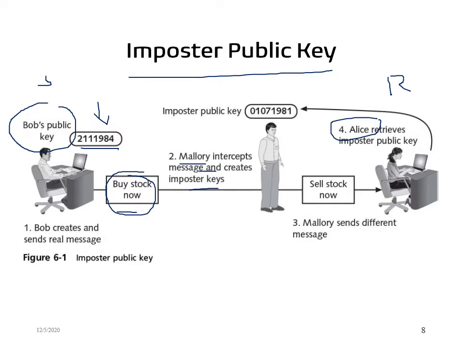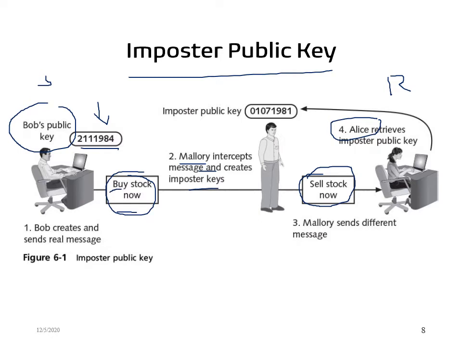The attacker Mallory uses his own public key. He intercepts Bob's message and changes it into "sell stock now." The original message is "buy stock now."